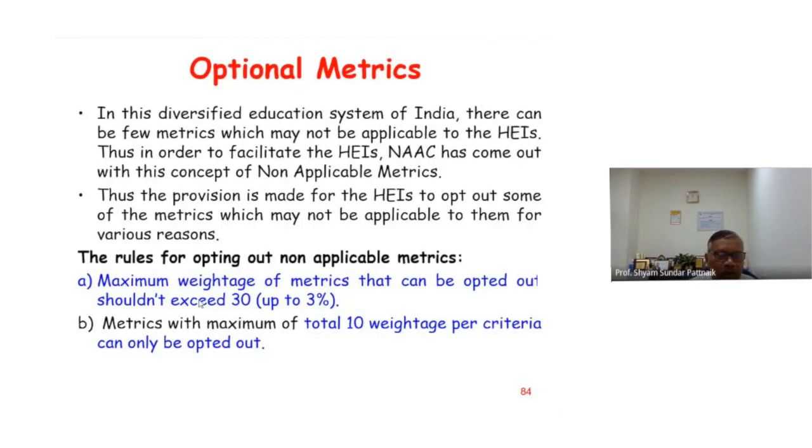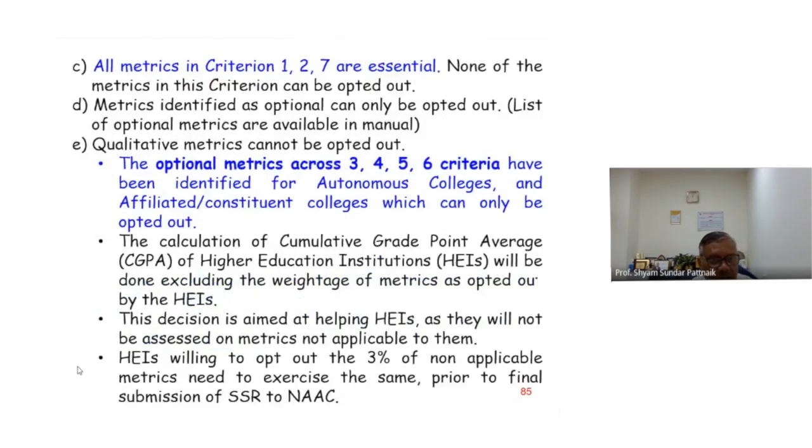This will reduce your average. Therefore, it is better to opt out of those, and maximum 3% you can opt out. Metrics with a maximum total of 10 weightage for a criterion can all be opted out. All metrics of criteria 1 to 7 are essential, there is no opting out option here. Opting out is possible in criteria 3, 4, 5, 6. So out of 7 criteria, only these criteria have the option, but not criteria 1, 2, and 7.